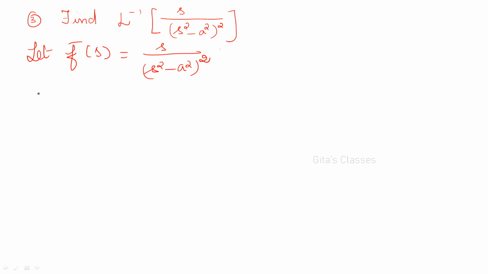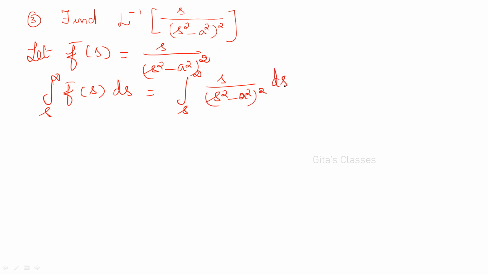Right? So integral, because in the denominator you have the whole squared. So if you take integration, it will be easier for finding the inverse Laplace transform. So integral s to infinity f bar of s ds is integral s to infinity s by s squared minus a squared the whole squared into ds.